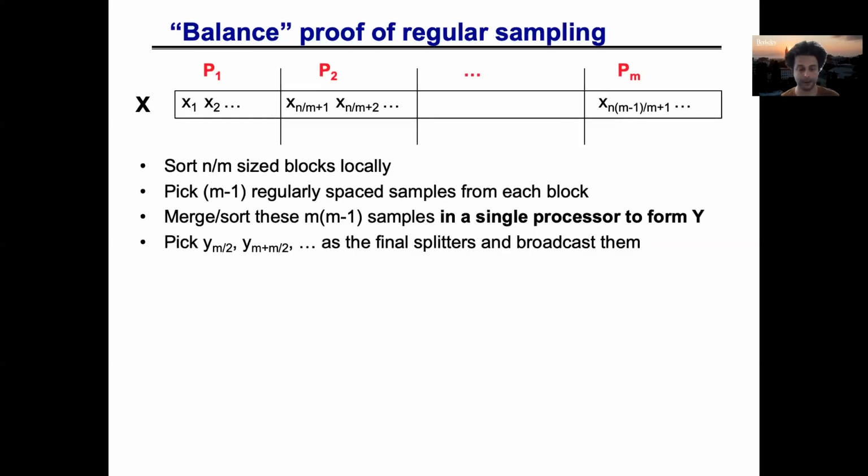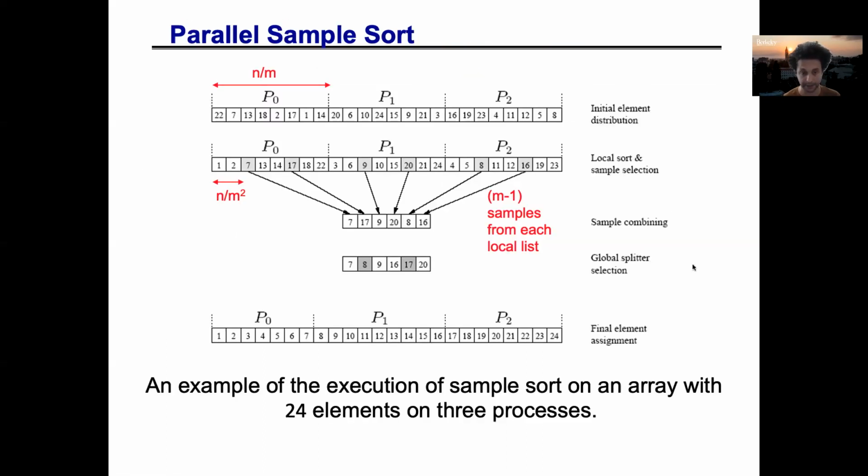So here's another way of looking at it. We sorted the local blocks. We picked M minus 1 regularly spaced samples. We merged those samples into a single processor to form Y. And now the way we're going to choose our final splitters is, again, we are choosing these final splitters from a sorted Y. So this is initially how they come, and we merge the locally sorted pieces, and we come to this list of samples that are combined into a sorted form by merging.